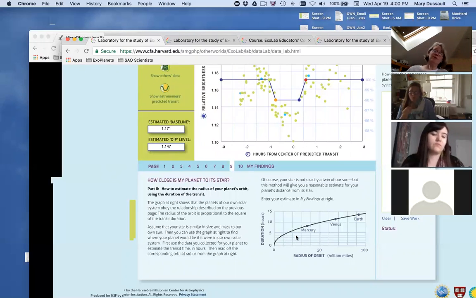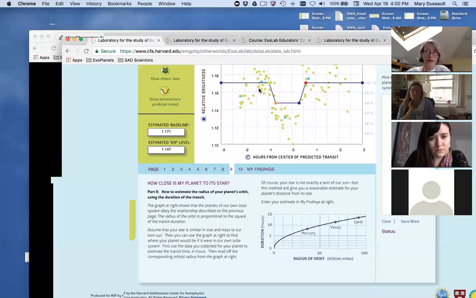So if somebody were looking at a Mercury transit or a Venus transit from far away, a Mercury transit would take about 8 hours, a Venus transit would take about 11 hours, and the transit of WASP 43 here seems to have taken less than 2 hours, so it's way down here.